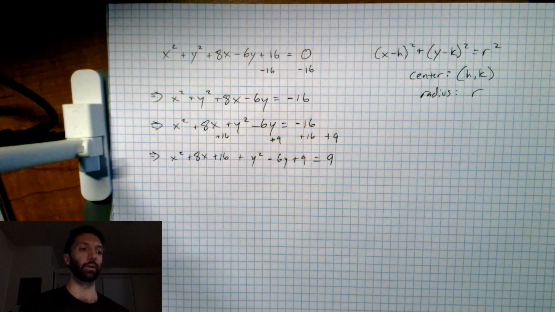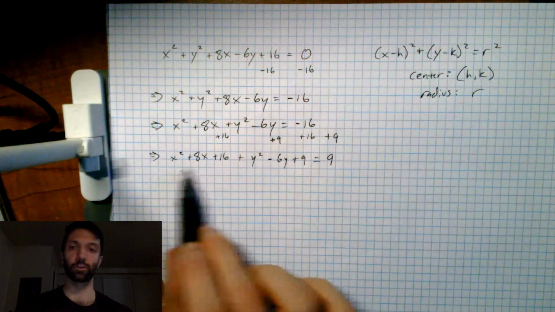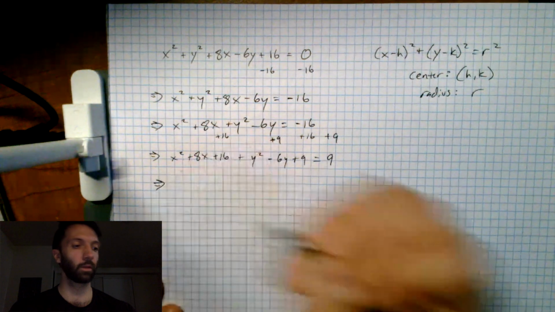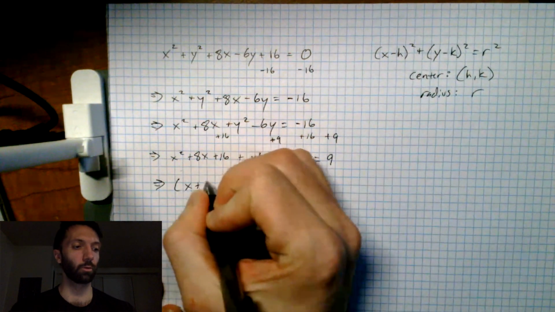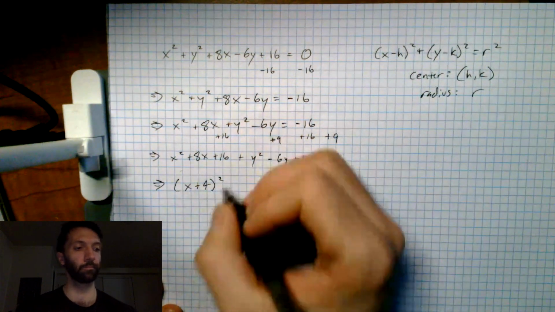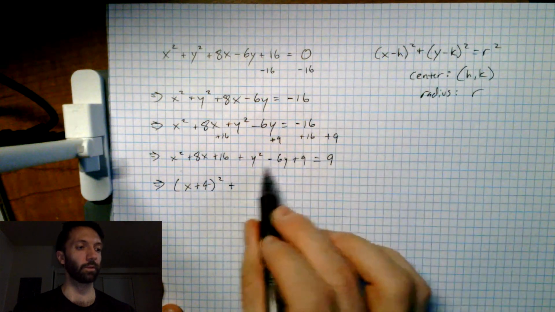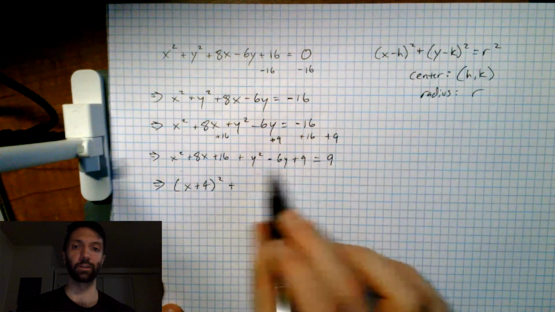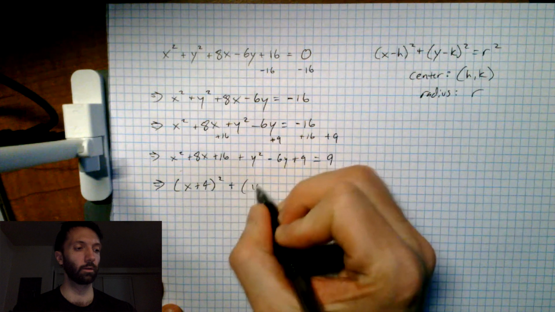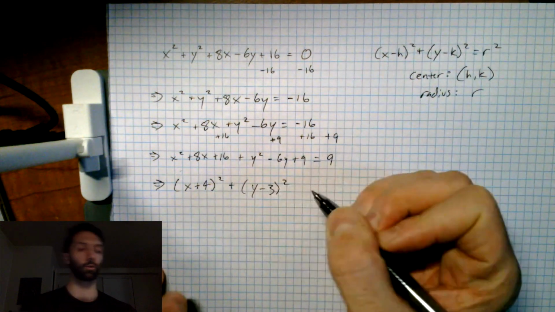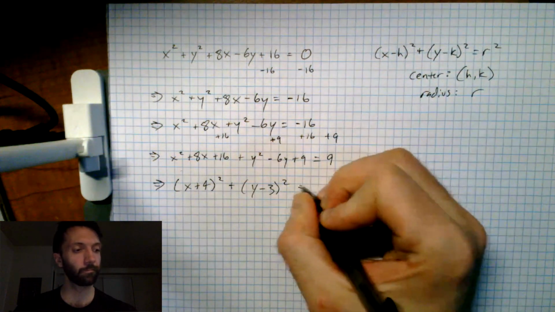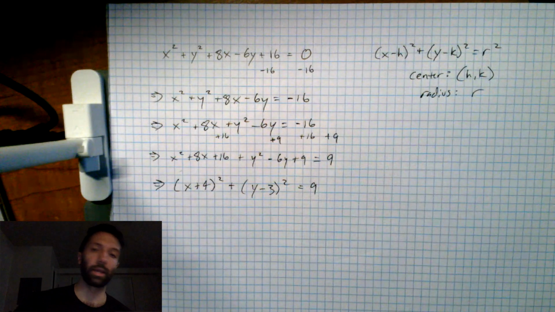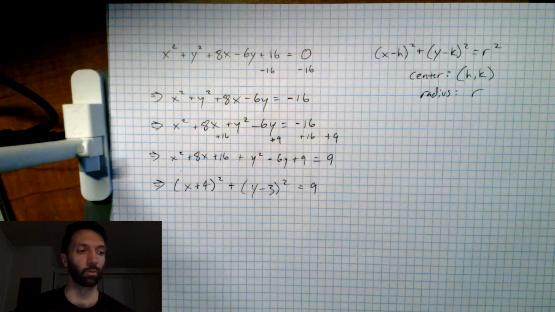Okay, now I can factor my first trinomial here. That's going to be x plus 4, the quantity squared. And then this trinomial here is going to factor into y minus 3, the quantity squared. And now we're in our conic form equation.